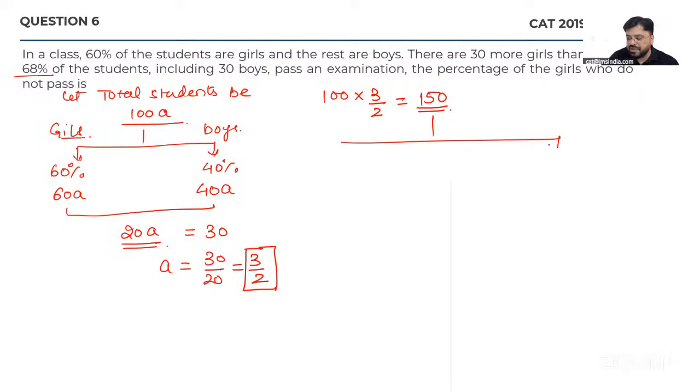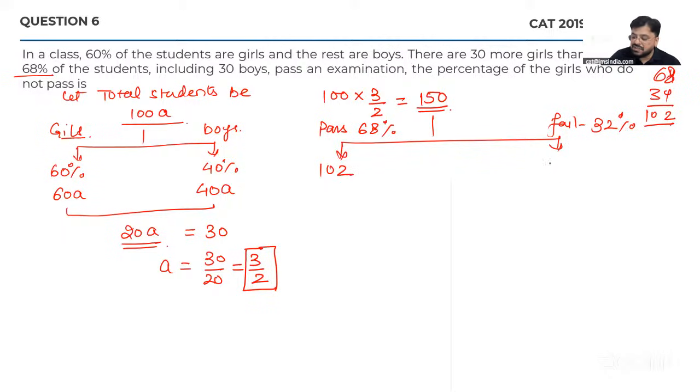So how many pass the examination? 60% of 150 is 90 pass and 60 fail.